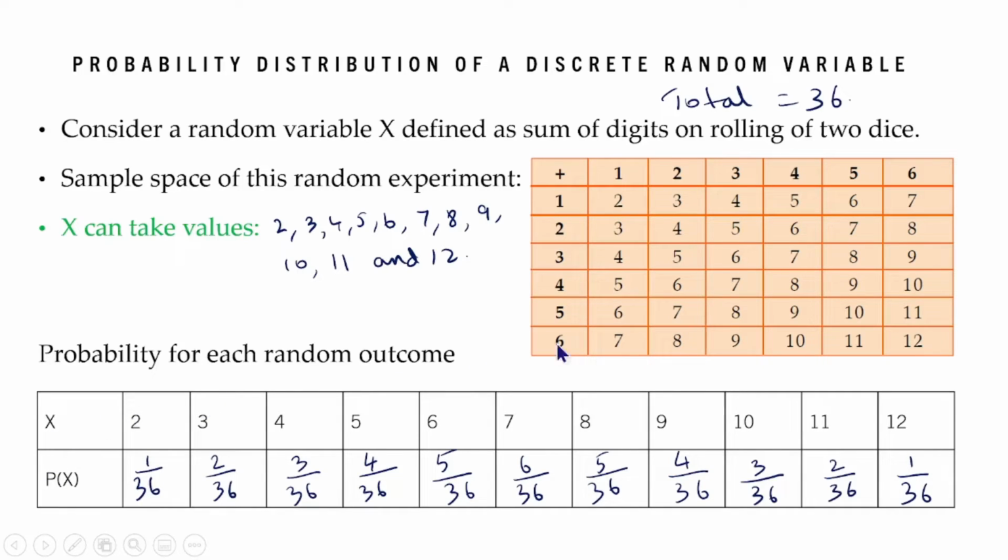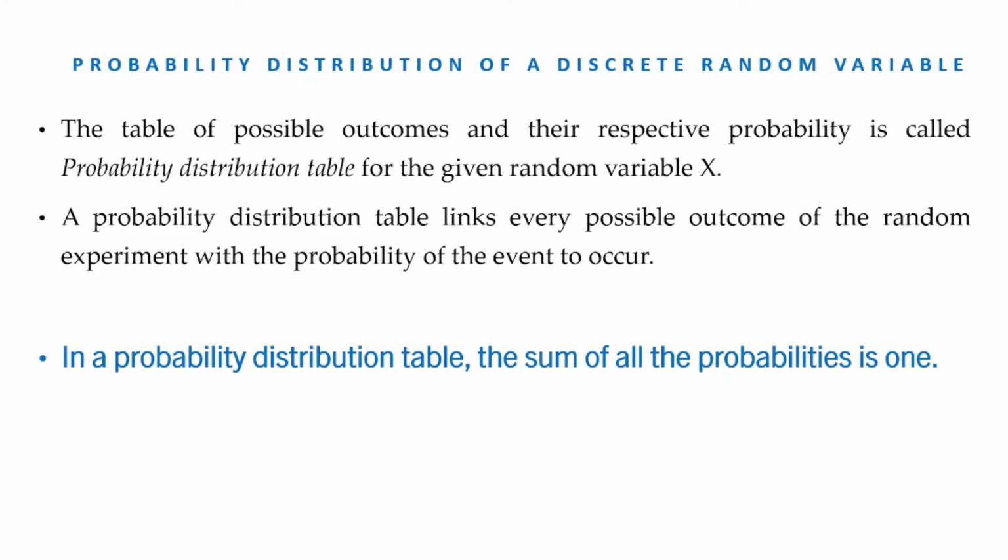And one more important thing is, in a probability distribution table, the sum of all the probabilities is 1. This is the most important condition as far as a probability distribution table is concerned. If the sum of all probabilities is not equal to 1, then we cannot say the given table is a probability distribution table.